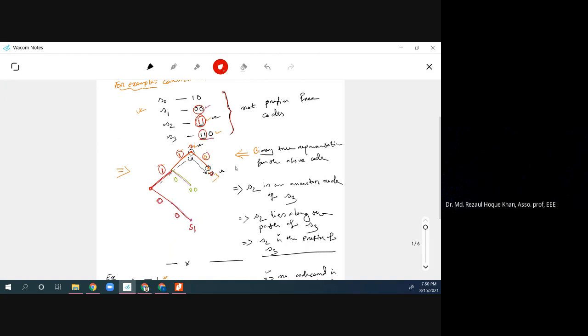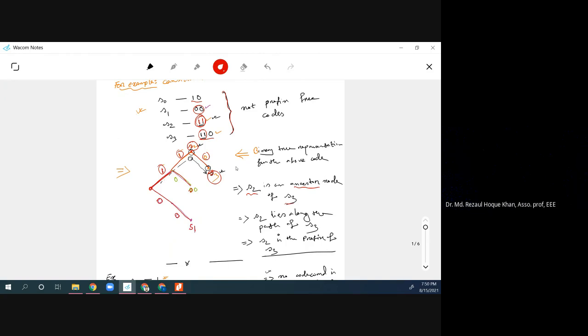And 1, 0 is S0. So here we can see that if you want to reach S3, you have to pass through S2. So S2 is the ancestor of S3.